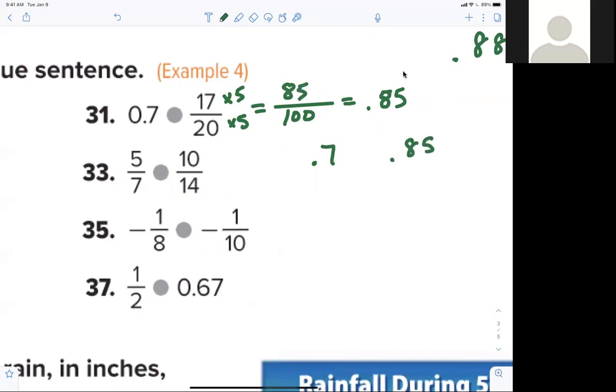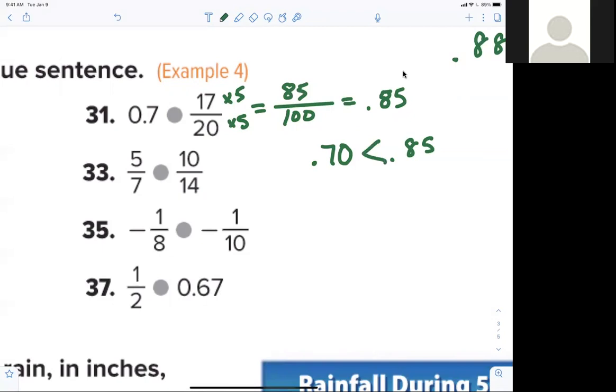Now, the easiest way is to make sure there's the same number of decimals. So there would be 2 decimals, so you can make the 0.7 into 0.70, correct? And so now what can you say is true? 0.7 is less than 0.85. Thank you, sir. That is exactly correct.